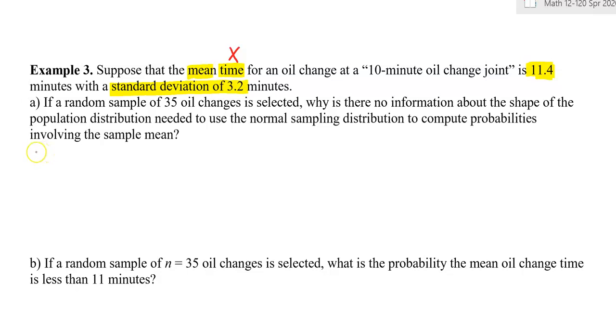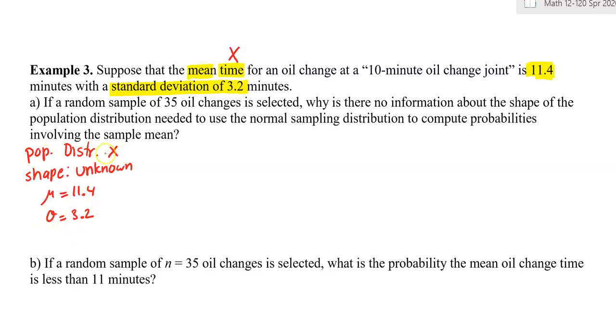So this is about time. So the population distribution for the time has a, of course we always describe the shape. Doesn't say, so we don't know. We do have the mean of 11.4 and a standard deviation of 3.2.